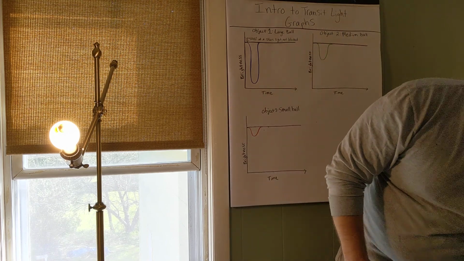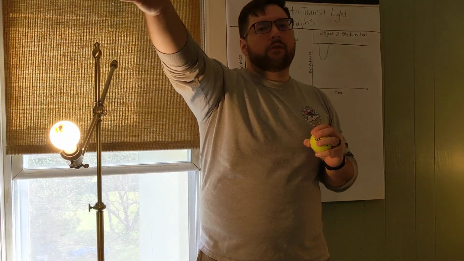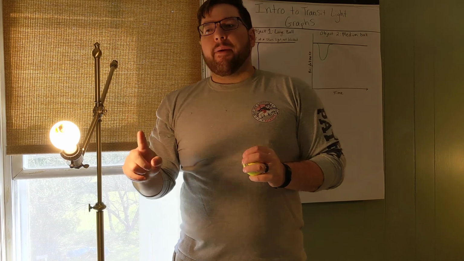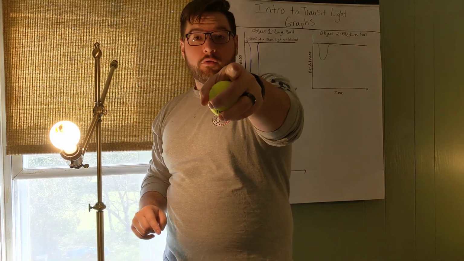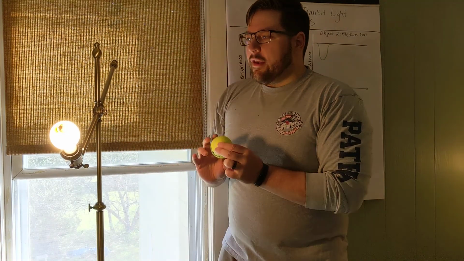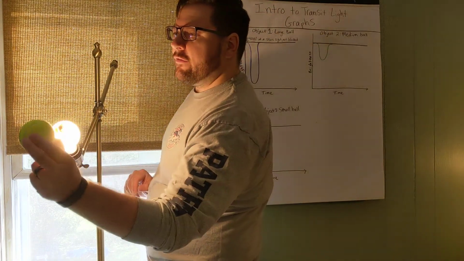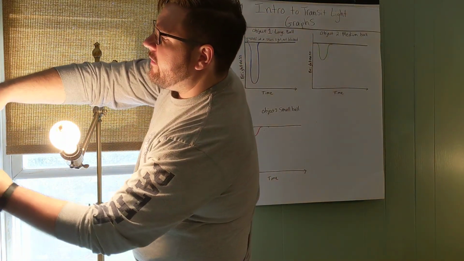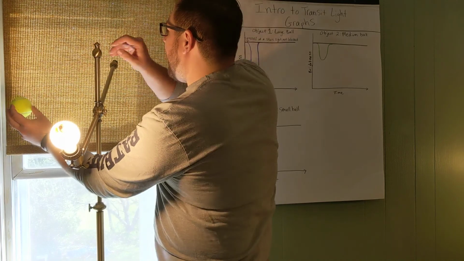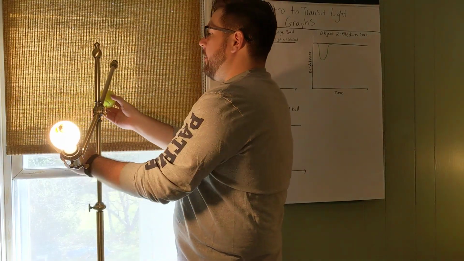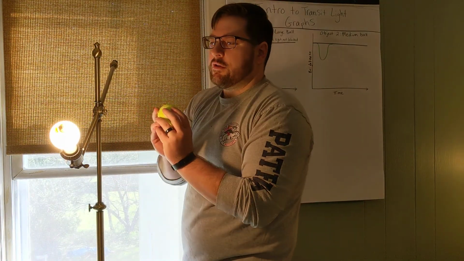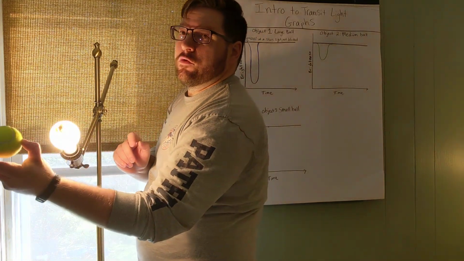So if I come back to my small planet for a second, let's say that this small planet is going around the star. It's so far away from the star, it takes a really long time for it to come back around and pass in front of the telescope, you, and the star. So it passes through, but then it takes another, let's say, 500 days before it comes all the way back around and passes through again.